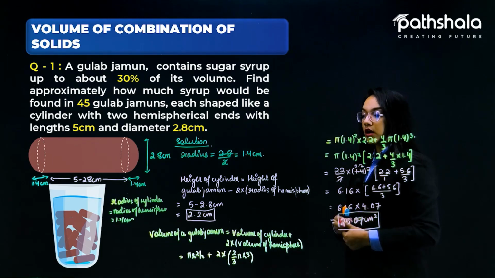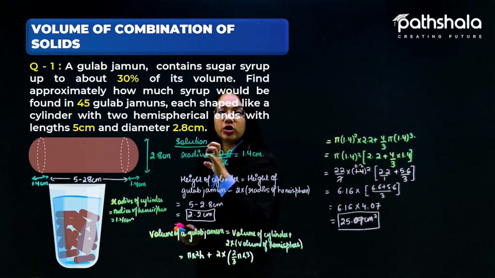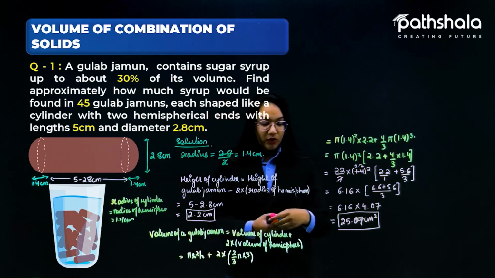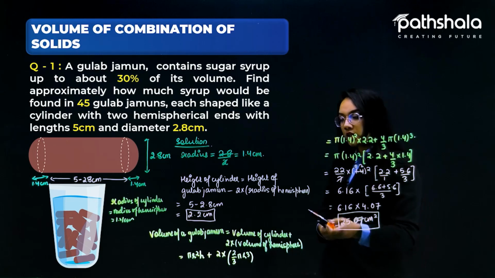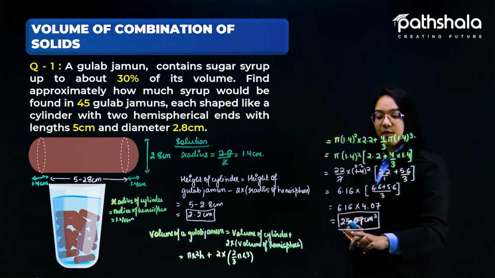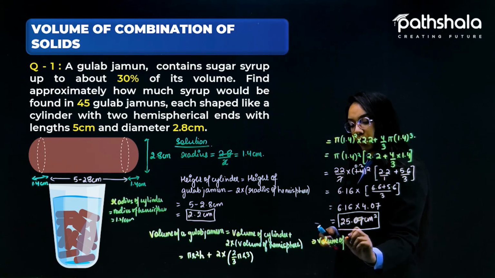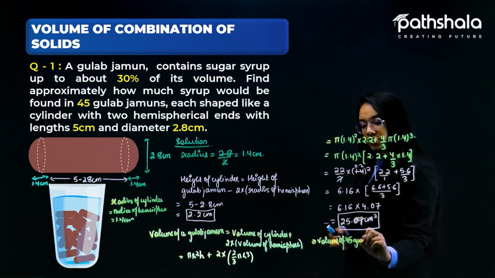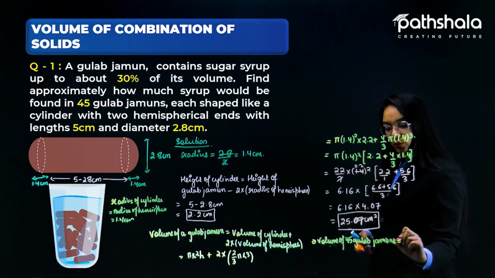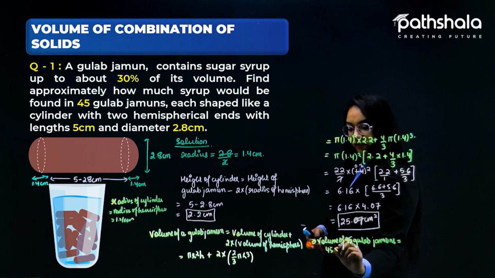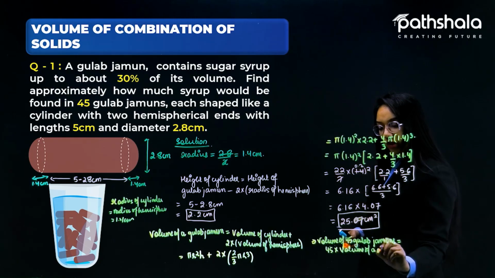Now we know that we have a total of 45 gulab jamuns in the sugar syrup. So let's find out the volume of the 45 gulab jamuns. The single volume of a gulab jamun is 25.07, which implies that the volume of 45 gulab jamuns will be equal to 45 into the volume of one gulab jamun.